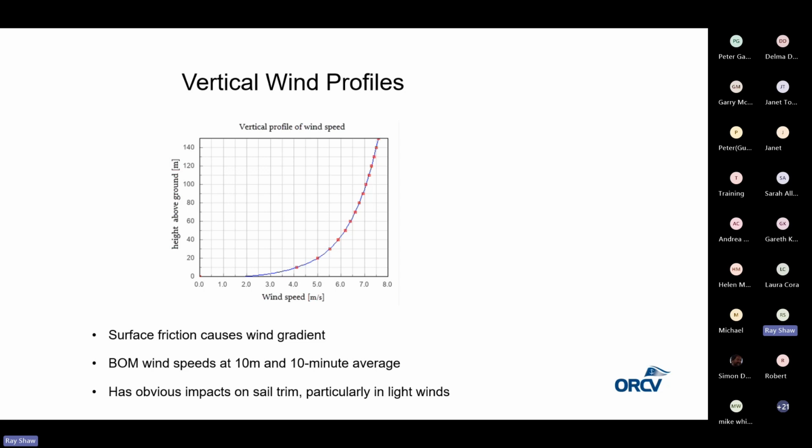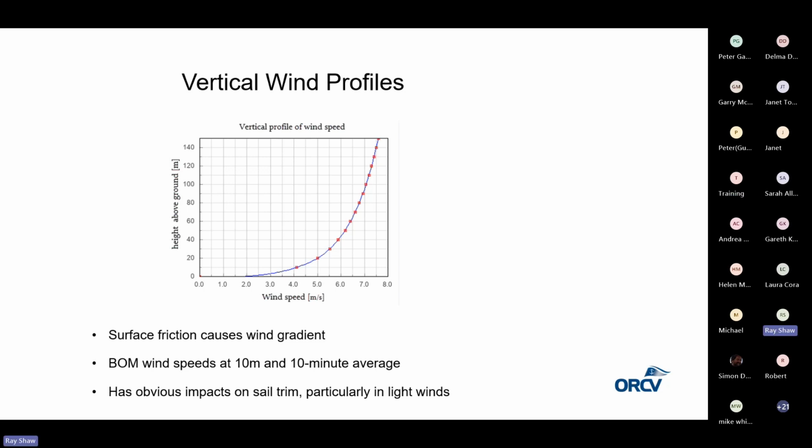So an important thing to understand is that when the Bureau quotes wind speeds, they're quoting them at 10 meters, and they're quoting them over an average of a 10-minute period. So they're ignoring the gusts, smoothing them out, and giving you an average wind speed at a 10-meter height and over a 10-minute average.